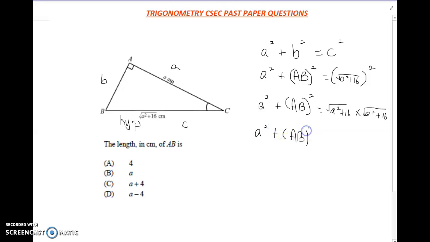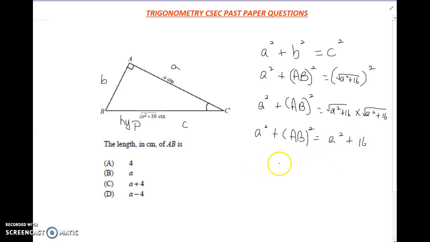AB is the side we want to find. Now, this here is the square root of a squared plus 16 multiplied by itself. When we multiply these two, there's no more square root sign, so you're going to remain with a squared plus 16.